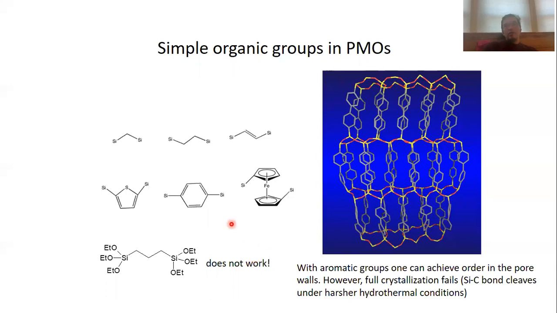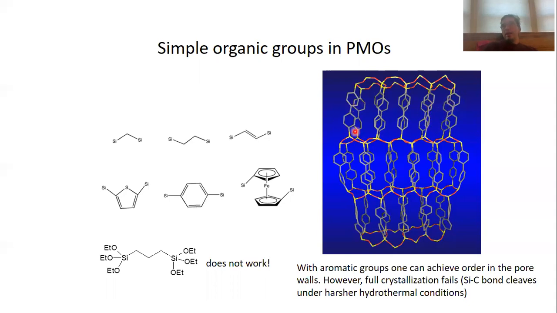structure. When you use aromatic groups, you can even induce partial crystallinity into the pore wall structure. You see that actually here. So you see here periodic mesoporous organosilica with biphenyl groups, and you see that these biphenyl groups are rigid and can actually interact with each other through hydrophobic interactions.